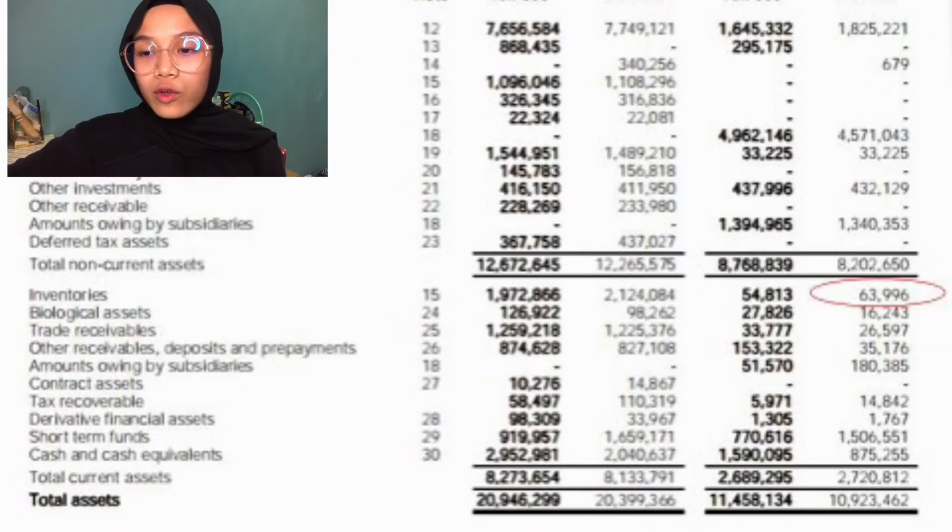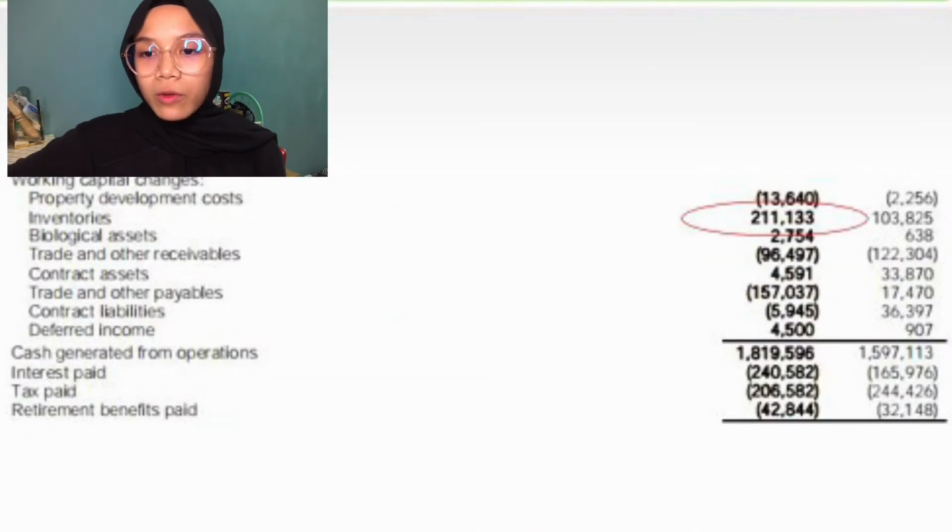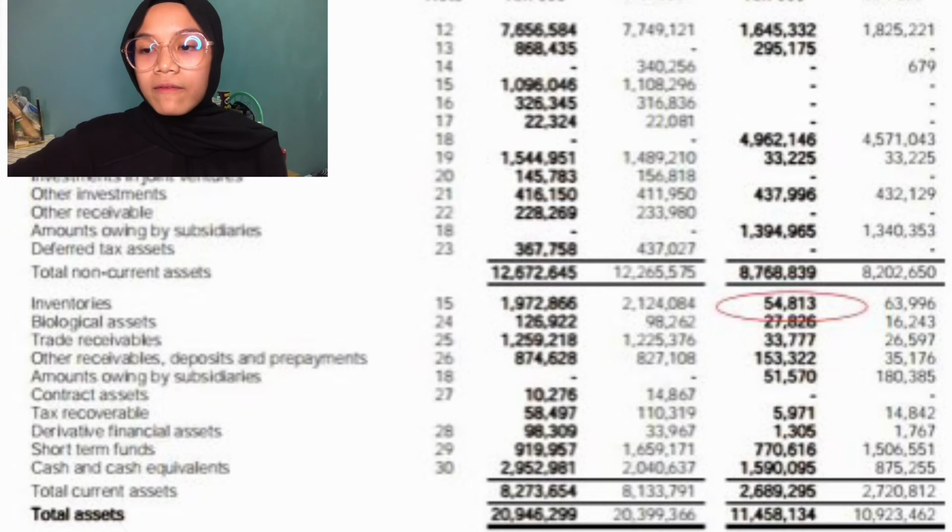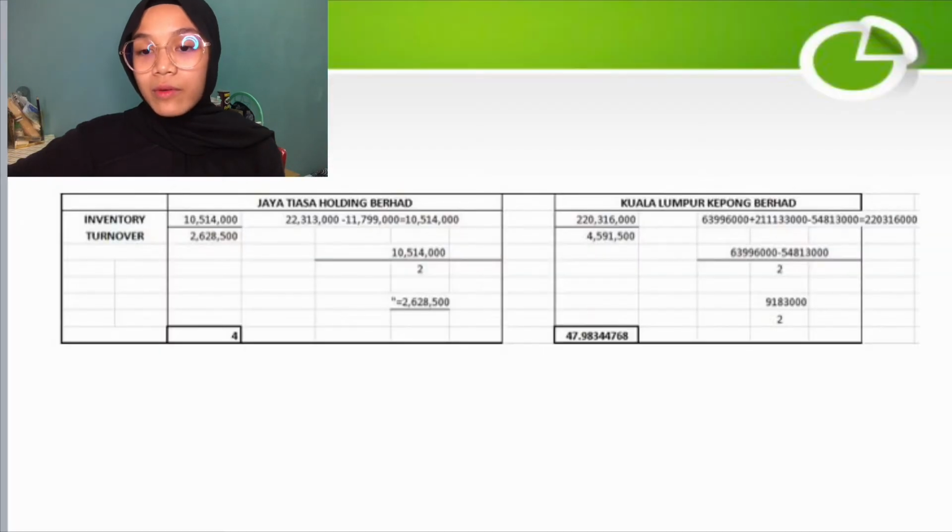For the cost of goods sold for KLK Berhad, I added RM63,996,000 with RM211,133,000 and subtracted its ending inventory, which was RM54,813,000. After that, I calculated its average inventory as stated above. Then I got an inventory turnover for KLK Berhad of 47.98 times. This is the final result for both companies.